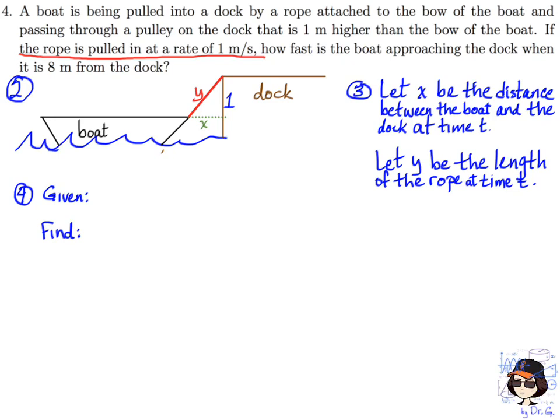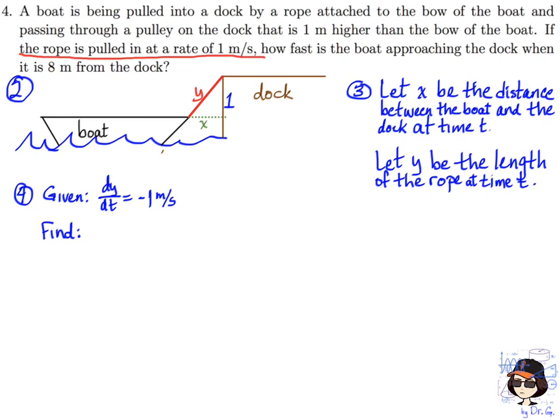It's 1 meter per second. And so according to my picture, the length of the rope is y. So that means dy/dt is -1 because the length of the rope is decreasing. As we pull the boat in, that length gets shorter.